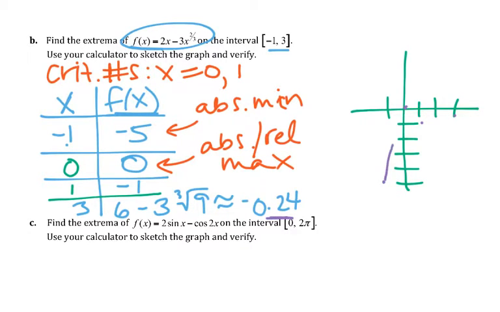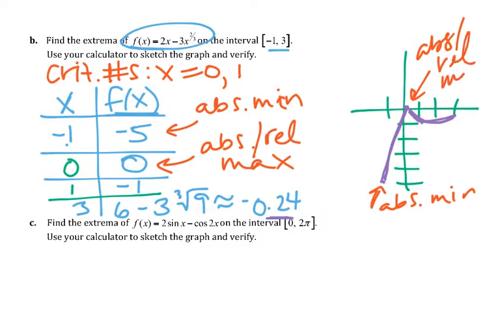So our graph looks like, oops, that should be a relatively straight line, and then a curve. So this matches. This should be our absolute min, and this is the absolute and relative max.